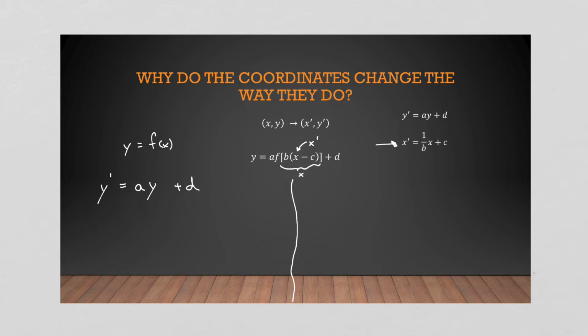So what you have is x is equal to b times x prime minus c. And in order to isolate the x prime, what do we have to do? Well, we have to divide by b and divide by b. So now all of a sudden we have 1 over b times x, because that's the same as dividing by b, equals x prime minus c. And then we just add c to both sides. And we get that our x prime term is equal to 1 over b x plus c.